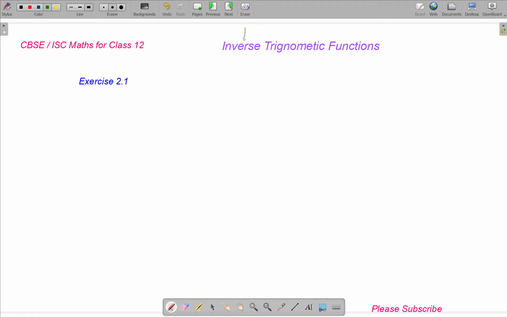Now question number 3: cosec inverse 2. Let cosec inverse 2 be equal to theta.